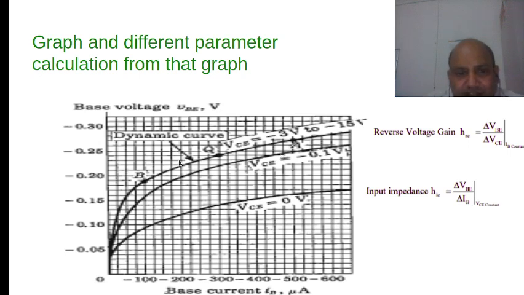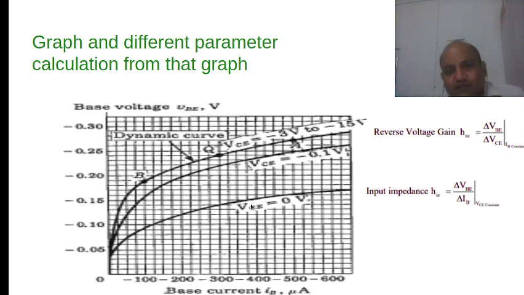So this is the graphical method. First you have to plot the graph between VBE and IB. Take the slope of this, then you will get the HIE. From here you can see the HIE value depends on output voltage.